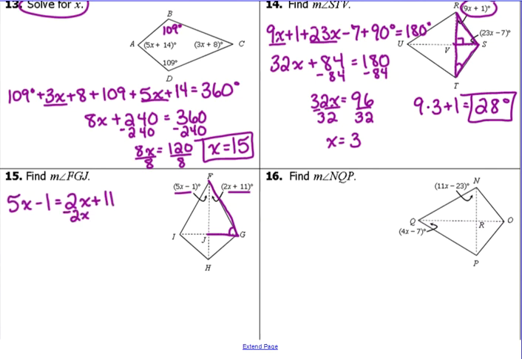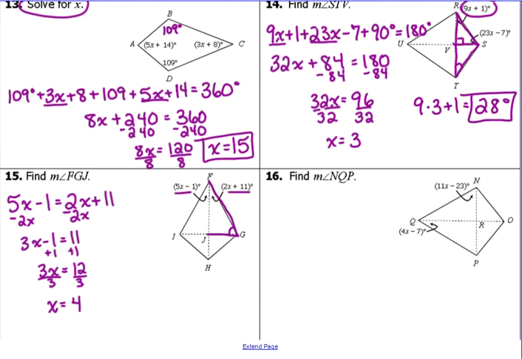So when we solve this, 3x minus 1 is equal to 11. Add 1 to both sides. 3x is equal to 12. Divide by 3. X is equal to 4. We're not looking for x. We are wanting that angle.